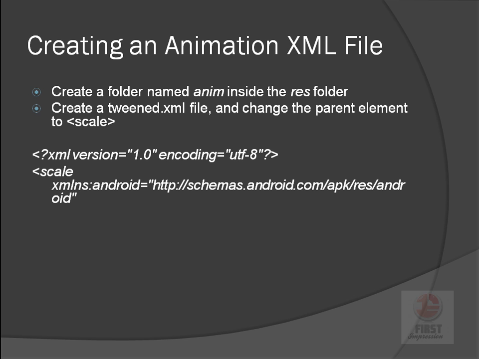This is copied from the main activity as we did in the last let's do it sections. So we have the XML, we have scale as the base element, and we have copied the xmlns:android from the activity_main.xml file. Inside this, we have to tell the Android OS how to perform the animation.